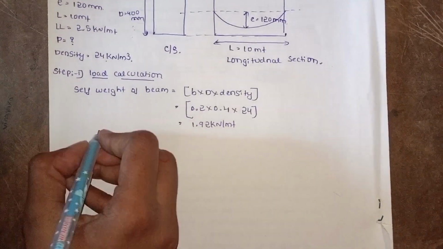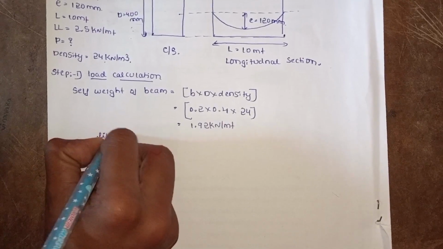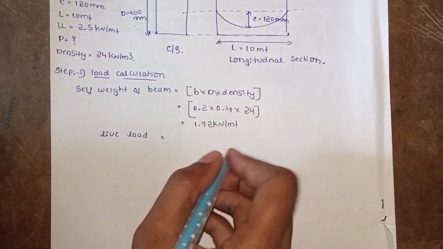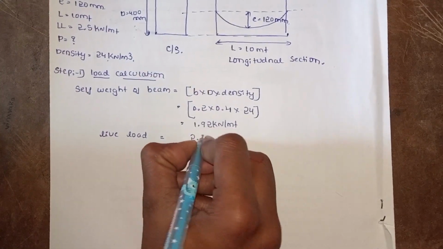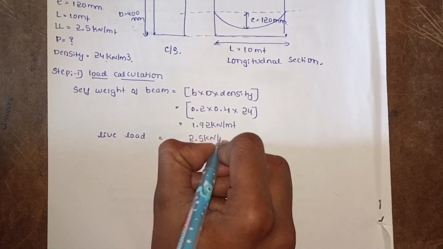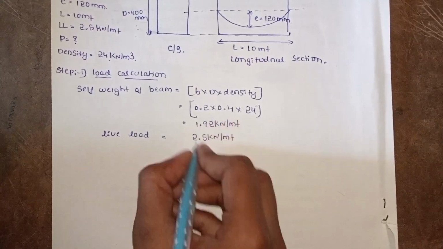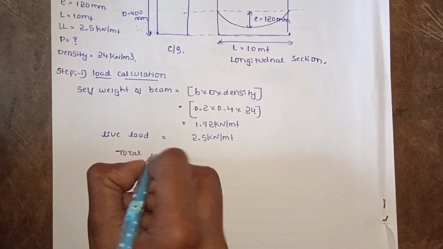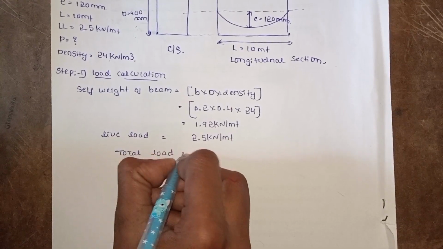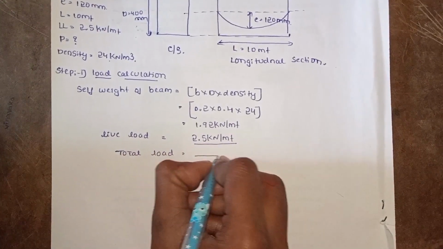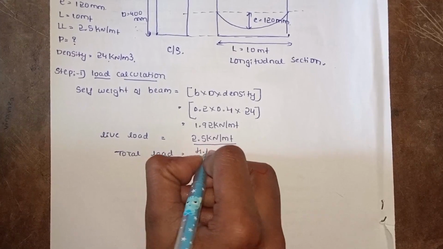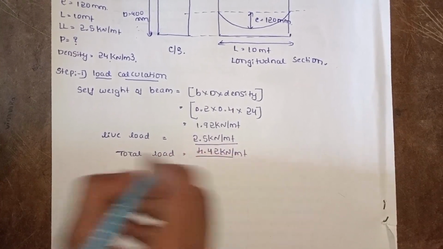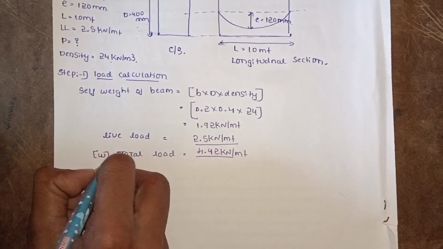Okay, then live load is given in question 2.5 kilonewton per meter, and add both the load. So total load is 4.42 kilonewton per meter. Okay, this is first step.